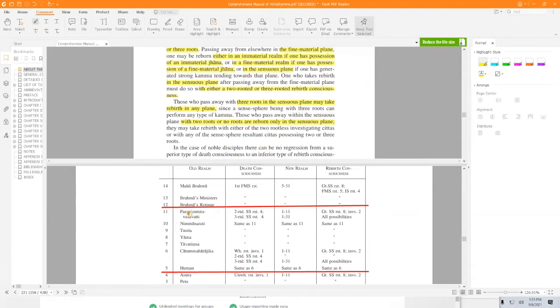So we could see here, taking the Paranimmita Vasavatti Devas as an example, when they pass away, they can take rebirth anywhere else within the sense sphere plane. Or if they develop the jhanas, then they can take rebirth in the fine material plane, or if they develop the immaterial attainments, they can take rebirth in the immaterial plane.